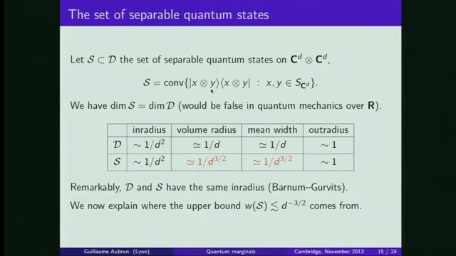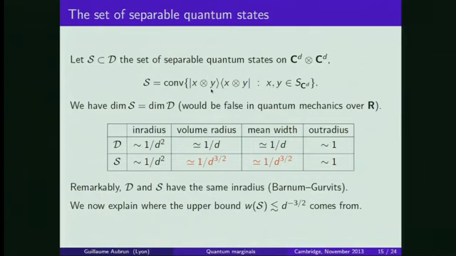So inside C^d tensor C^d, you look only at product unit vectors, and you take the convex hull of this set. You obtain a set which is, of course, smaller than D, the set of all states. But it's remarkable that still the set has full dimension. The dimension of S is equal to the dimension of D. And this would be false over the reals, for example.